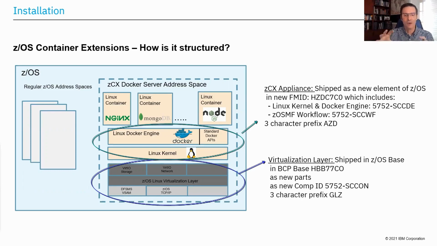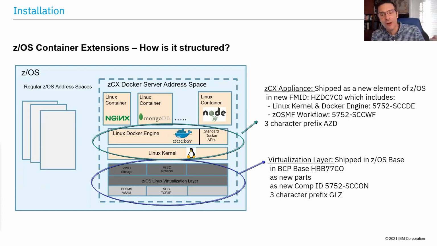The part that does the virtual I/O devices and translates those into VSAM and TCP/IP, for example, is shipped within the base. What does that mean? When I get maintenance for zCX, I can get maintenance that is applied just to the BCP if the maintenance was just for the virtualization layer.